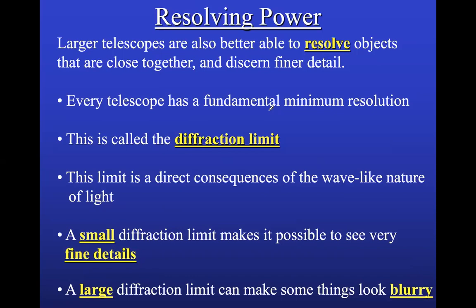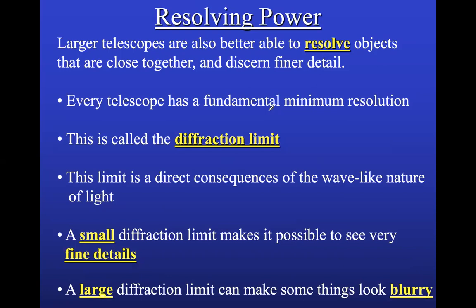Now another important parameter for a telescope is the resolving power of a telescope. If you have done a little bit of physics, students who did this probably know about resolving power. You may even have done some practicals, asked to find the resolving power of a prism or something like that.